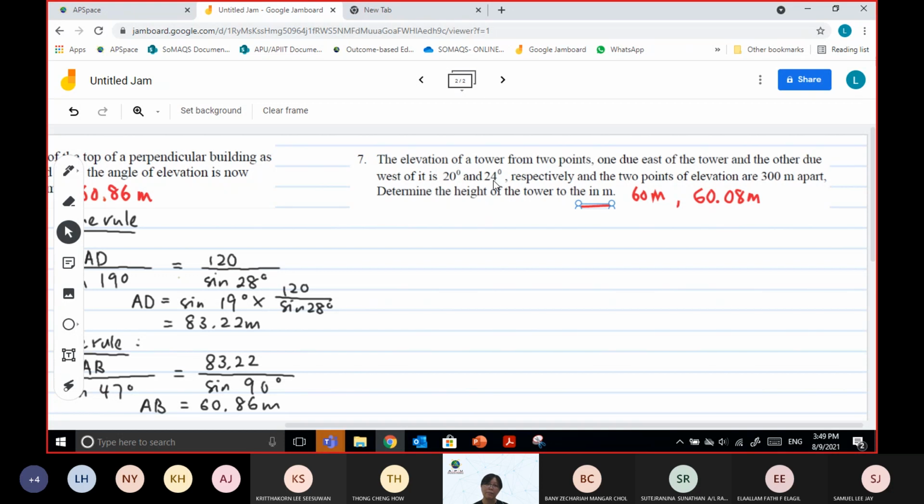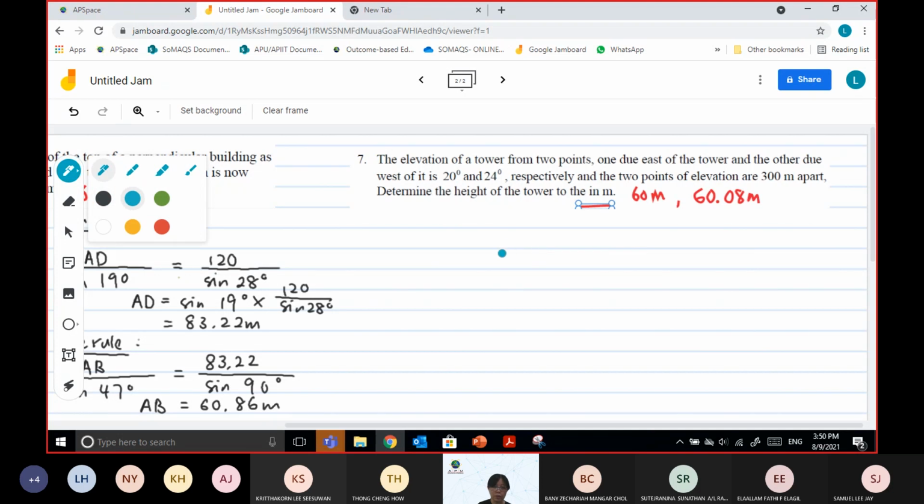So that means the 2 points, one is at the east of the tower, the other at the west of the tower, respectively, and the 2 points of elevation are 300 meters apart. That means the distance between the 2 points is 300 meters.